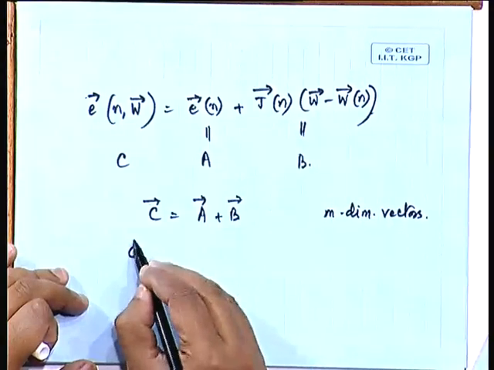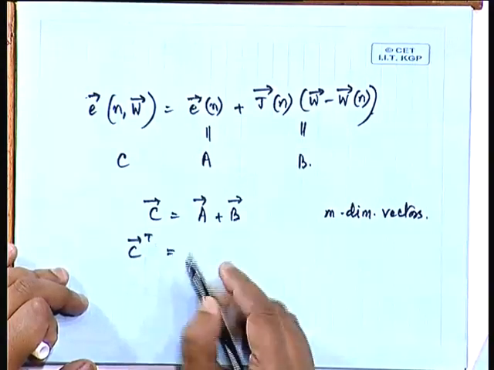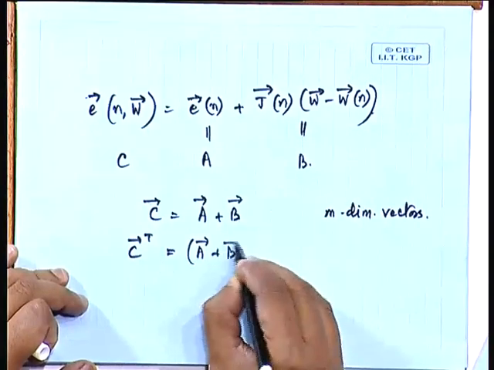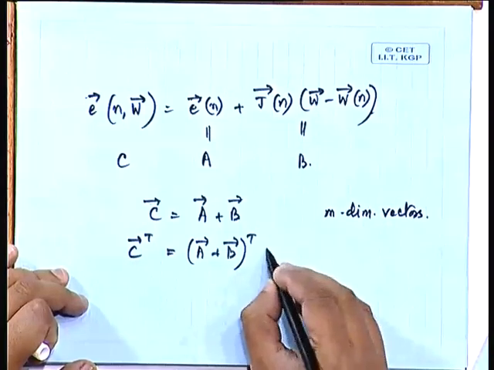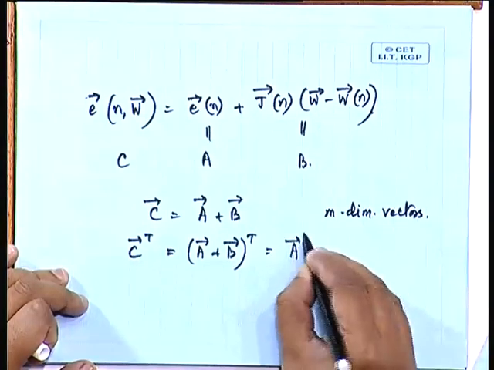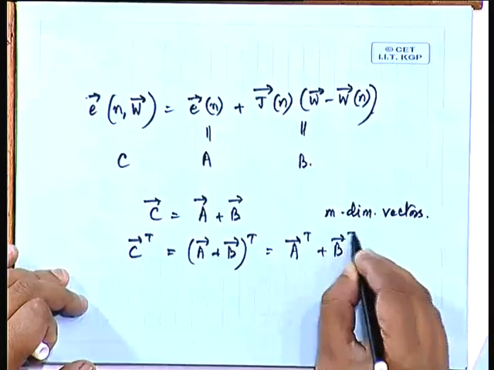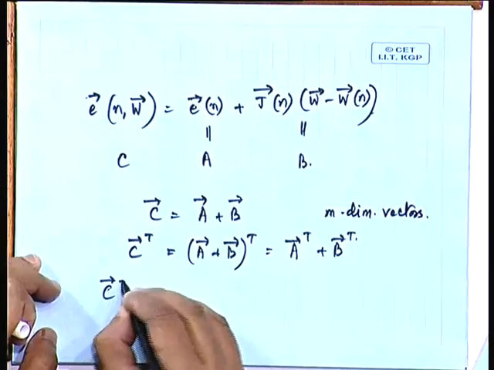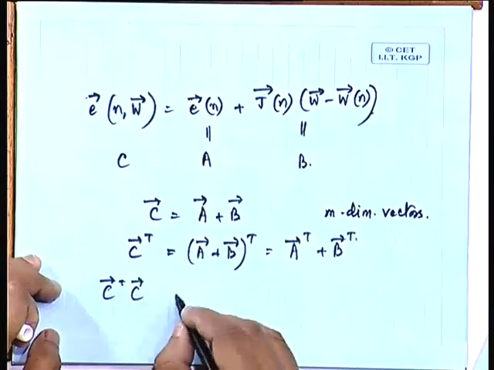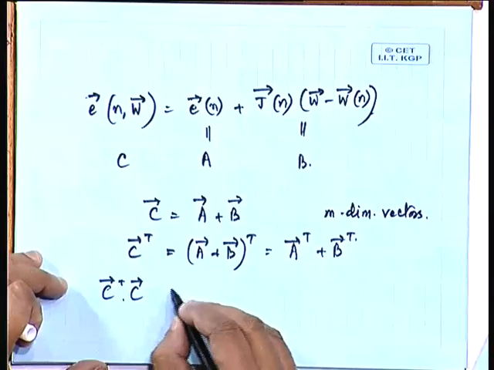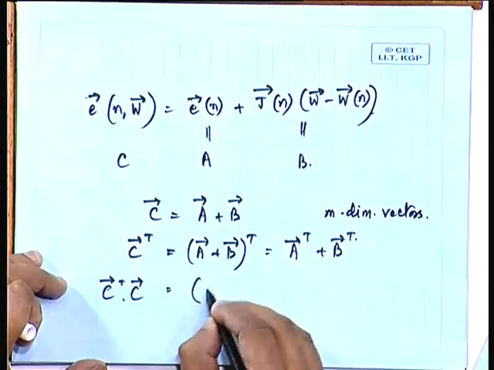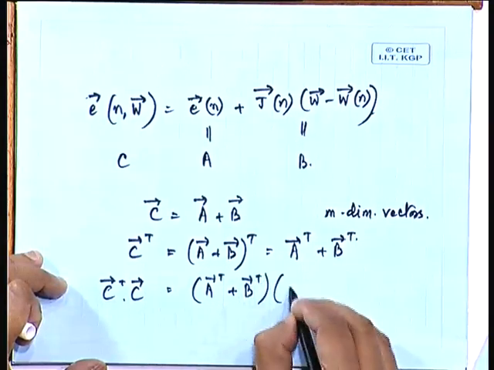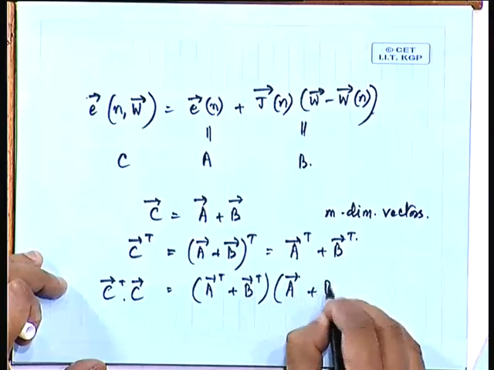No. Okay. So, in that case, C vector transpose will be equal to A vector plus B vector, transposed, which will be nothing but A vector transpose plus B vector transpose, right. So, when we are going to compute C vector transpose times C vector, the dot product of these two, we have to take A vector transpose plus B vector transpose multiplied by A vector plus B vector.